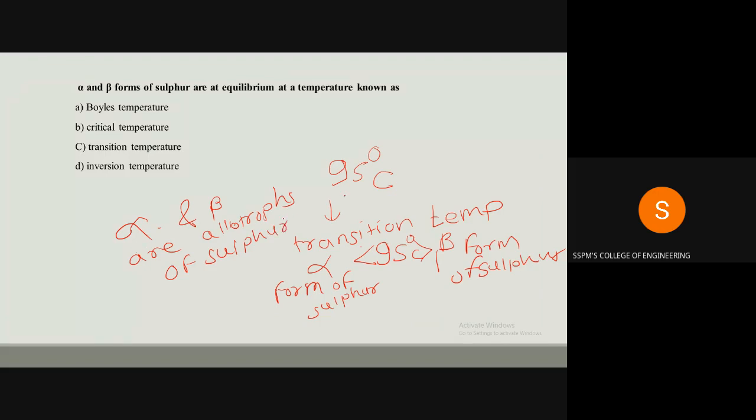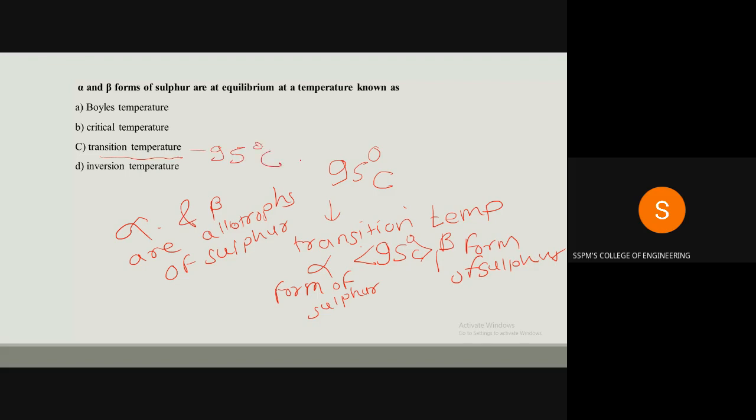This temperature is called the transition temperature. For sulfur, it is 95 degrees Celsius. Below 95, alpha form is more stable. Above 95, beta form is more stable. So the correct answer is transition temperature, that is 95 degrees Celsius.